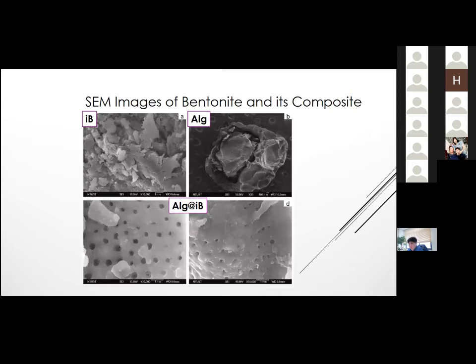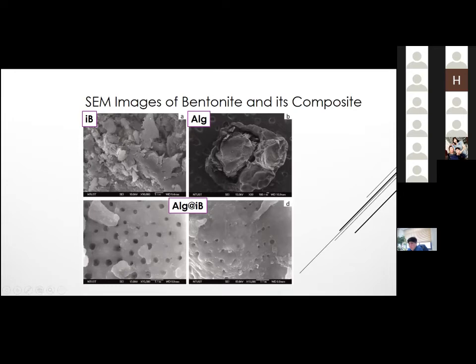And from the SEM image, we can see that there is significant alteration of the morphology of the bentonite after we modified it with the alginate.